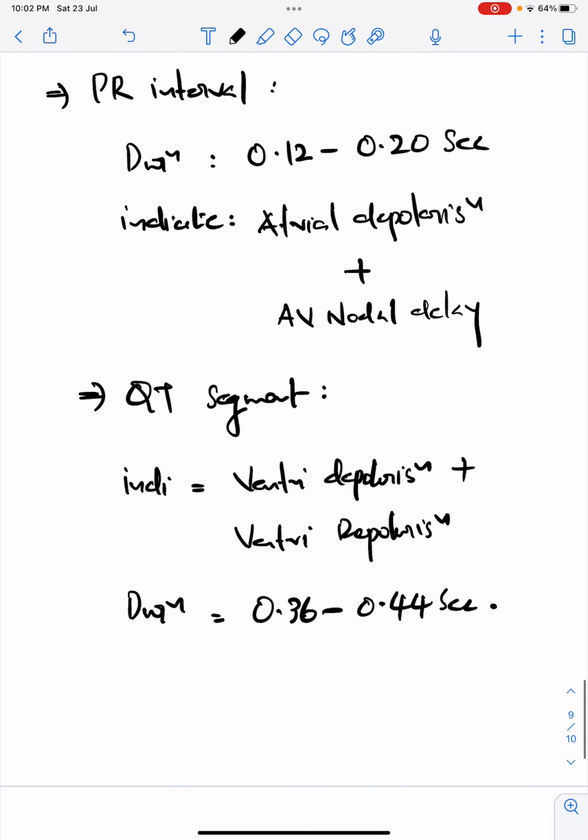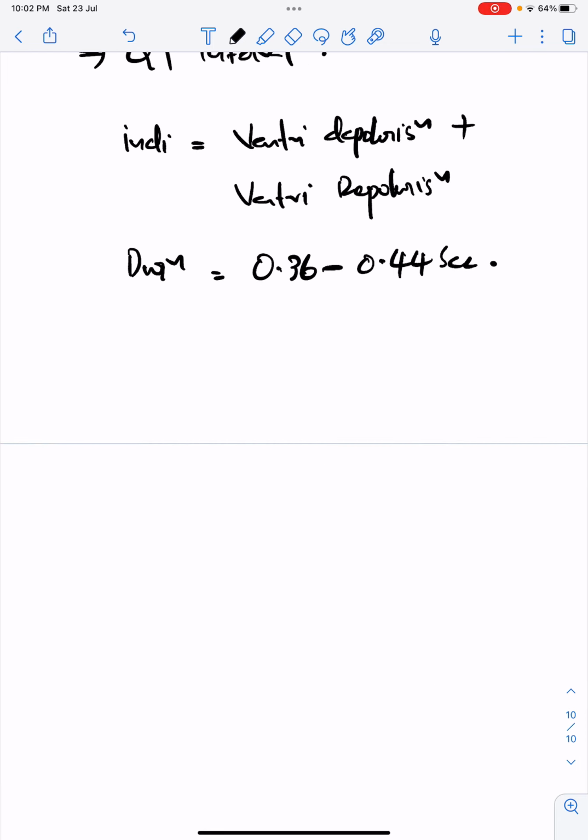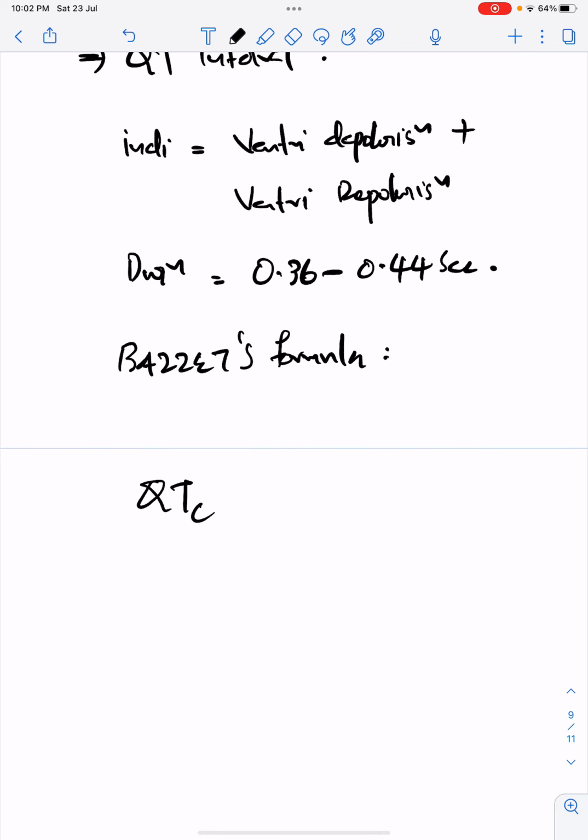But the problem is the QT interval may vary with the heart rate. So there is a formula called Bazett's formula, which should be used to get a corrected QT interval.